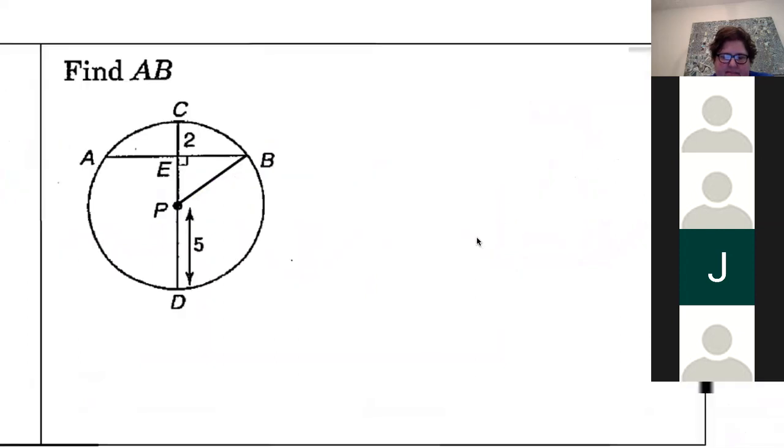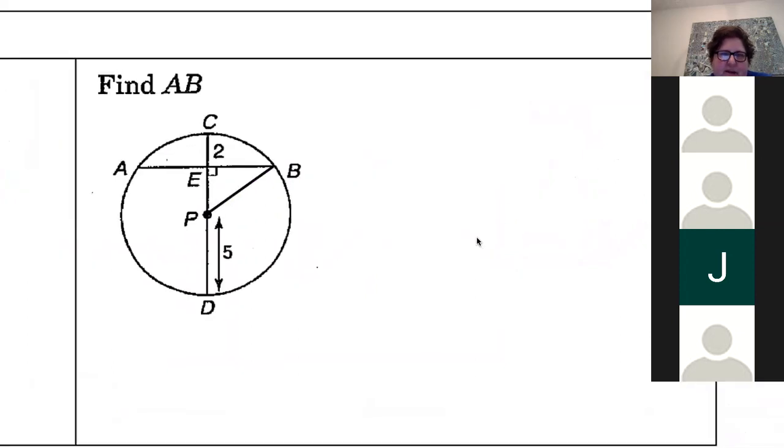All right, this one. There's something that you have to kind of notice that I've actually given you the radius, which means I've given you segment PB also. So that means that this is 5. And then this segment is also a radius, which would make that 3. So we're going to look at this triangle here.